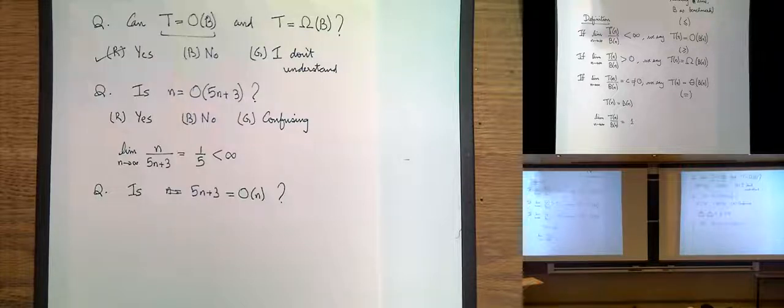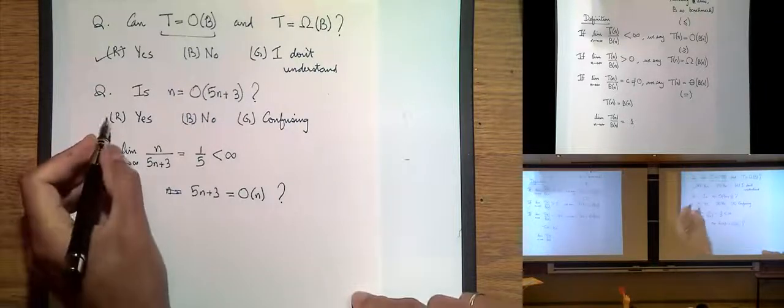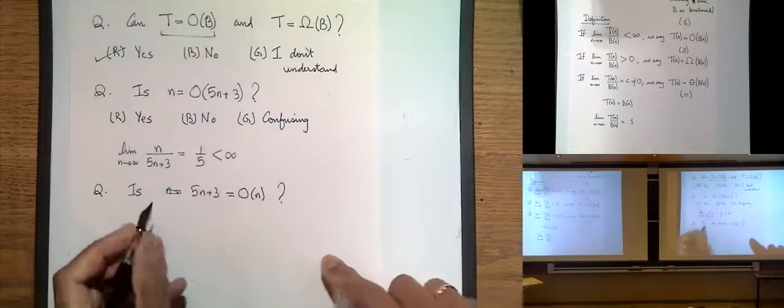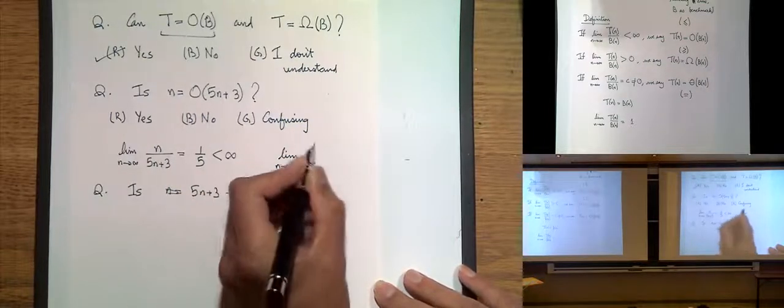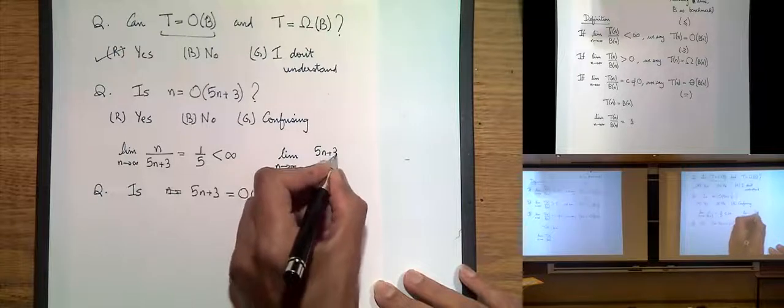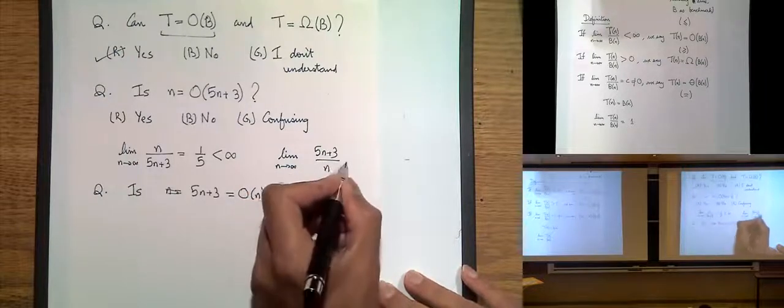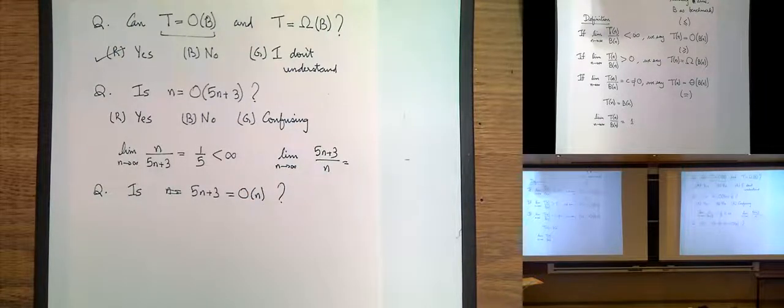Okay, what is the answer? Yes, it's yes in both cases because, again, you just take the limit. Limit as n goes to infinity of 5n plus 3 divided by n. What is this limit? 5.